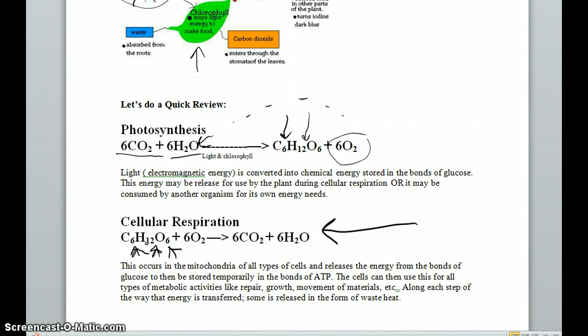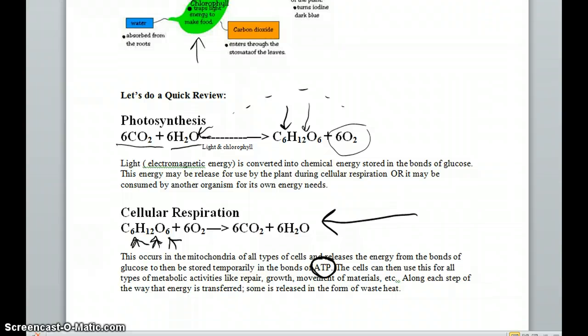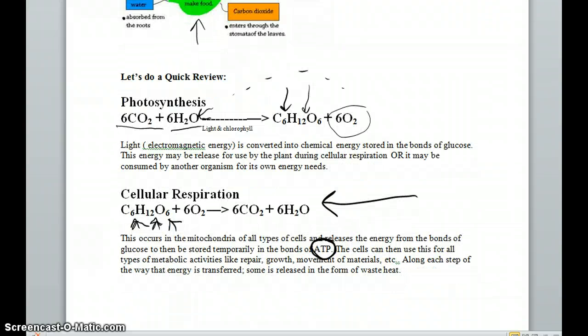It breaks those bonds apart, releases that energy, and stores it temporarily in a molecule called ATP. You should be familiar with ATP, though it may have been a while since you've heard of it, but it does store energy in a useful form for the cells to use. So glucose is a long-term energy storage, ATP is short-term energy storage.